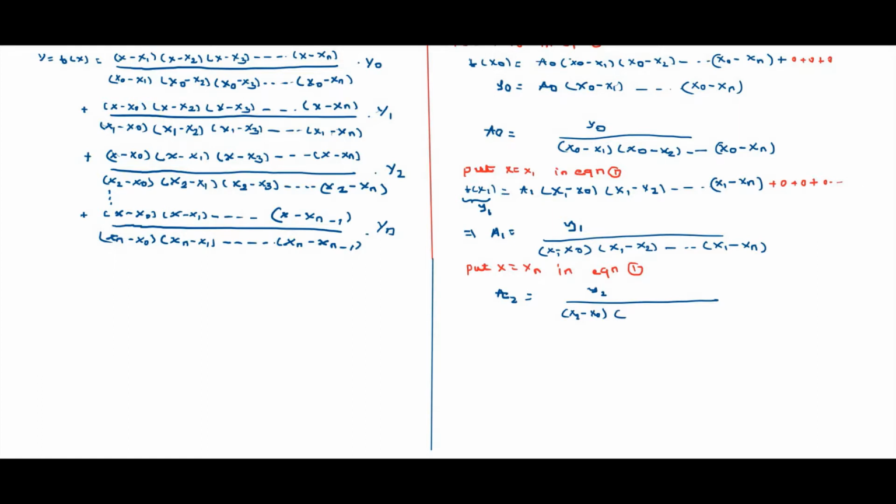Sorry, here we can substitute the value for x is equal to x2, and then you will get y2 divided by x2 minus x naught, x2 minus x1. The term x2 minus x2 is absent, so here you can write directly x2 minus x3. Continue in the same way, at last you will get x2 minus xn. So this is the value for a2.